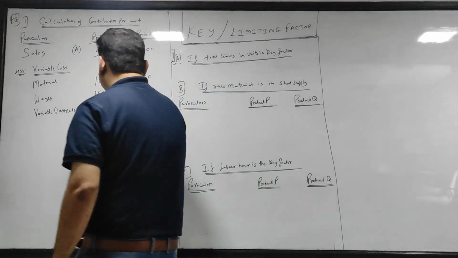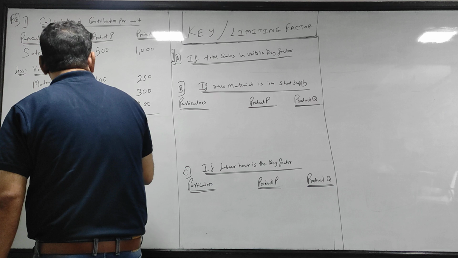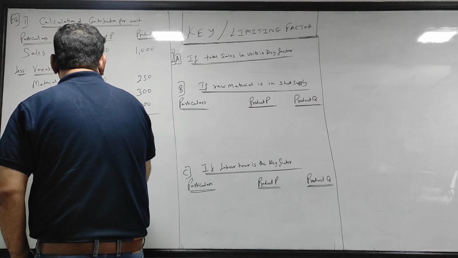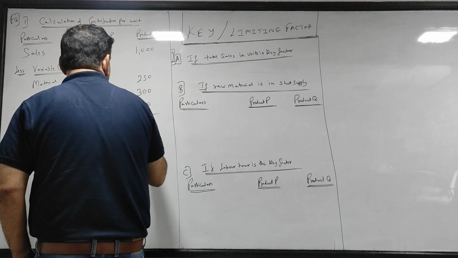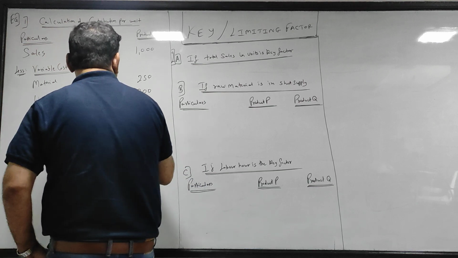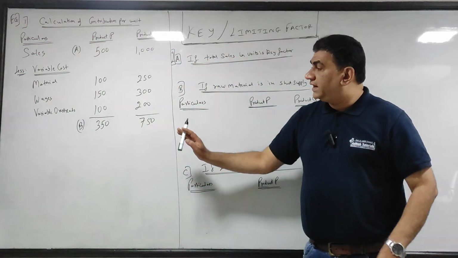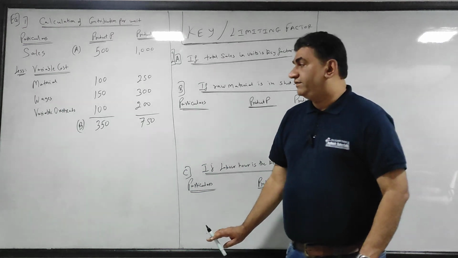Okay, so just take the total, make this as 100, 250, 350, 300, 750. So variable cost per unit of product P 350 and product Q 750.